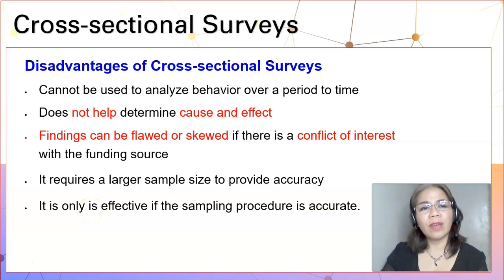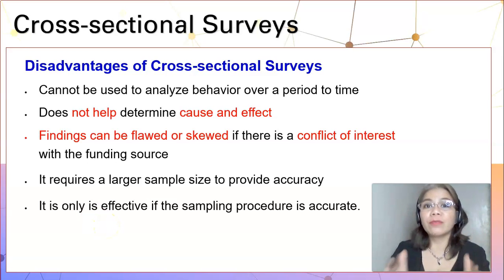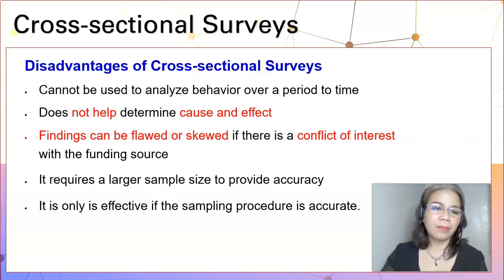However, it also has its disadvantages. The results of a cross-sectional study cannot be used to analyze a behavior change over a period of time. Remember that we are collecting the data at one period of time only. So we cannot see the trend of the change in the behavior of the sample being studied. And it does not also help determine the cause and effect of the variables under study.